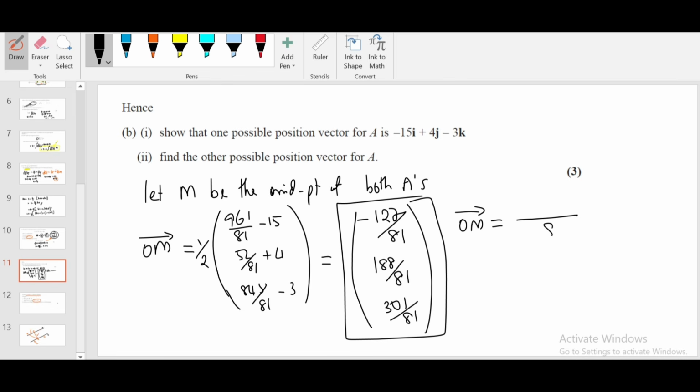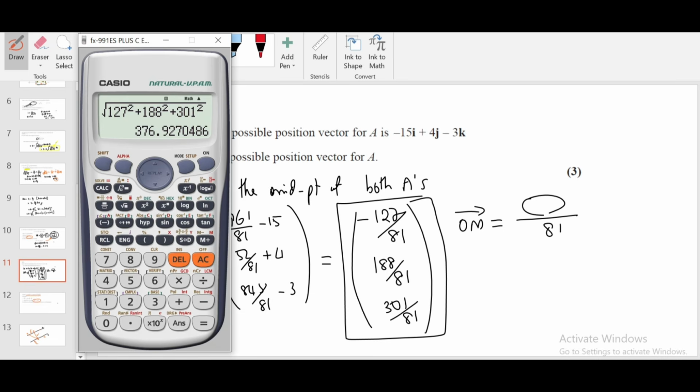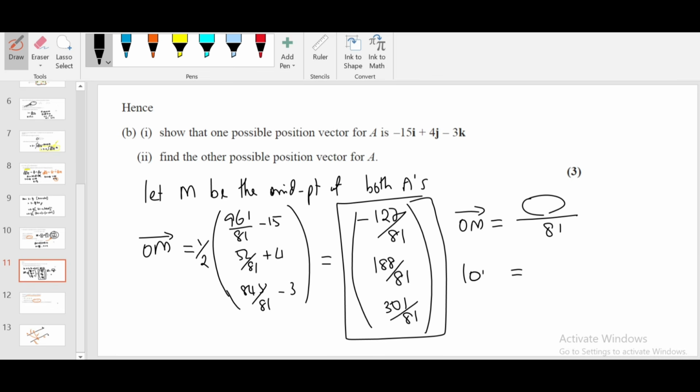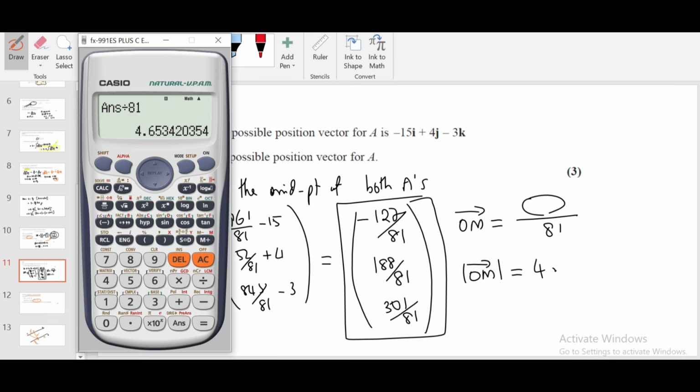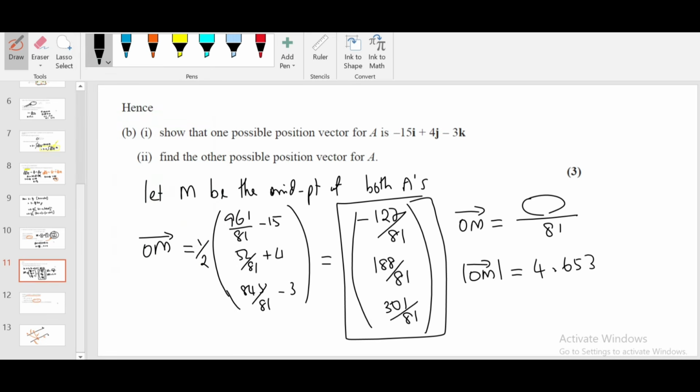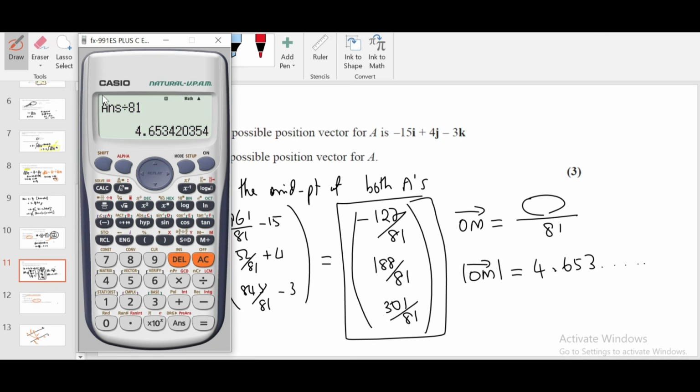Square and square root, you will get 81 whatever the value you have here, which is divided by 81. You get the modulus of the OM vector equal to 4.653, etc. I'm gonna immediately store the value as A.